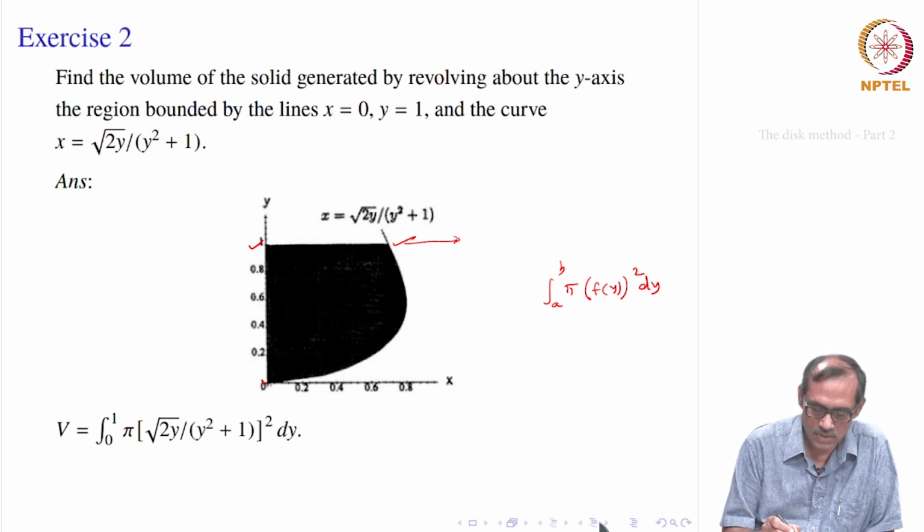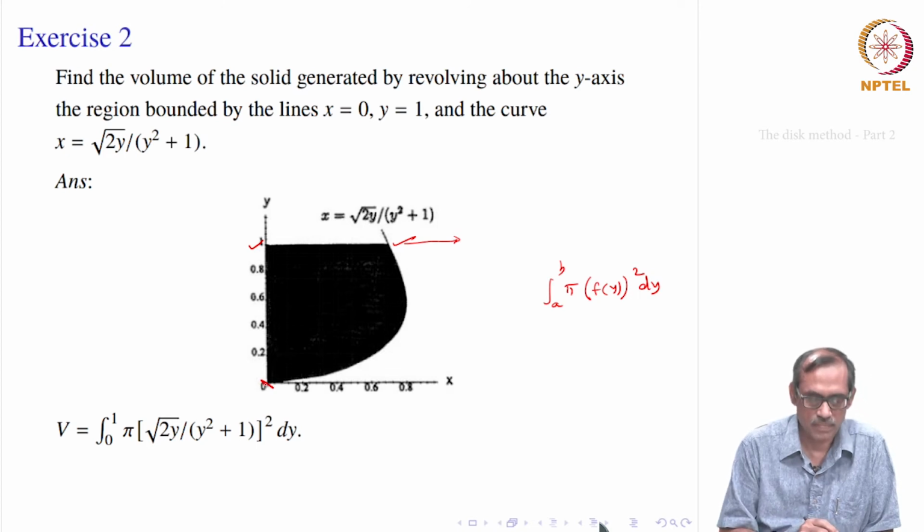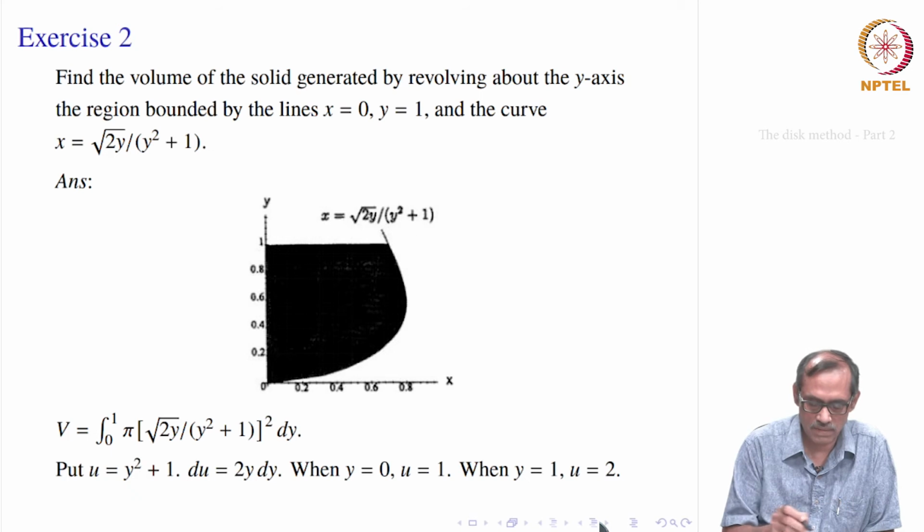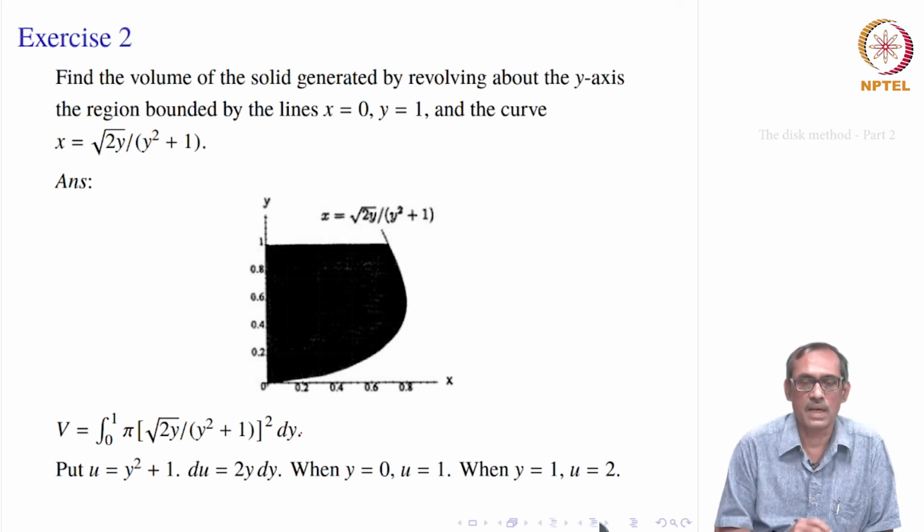On the top we have already 1, and at the bottom, the intersection of this curve with the y axis gives y equal to 0. Therefore, the lower limit for y is 0. Then the volume is the integral from 0 to 1 of pi times square root of 2y divided by y square plus 1, whole square, dy, and it is a matter of computing the integral now.